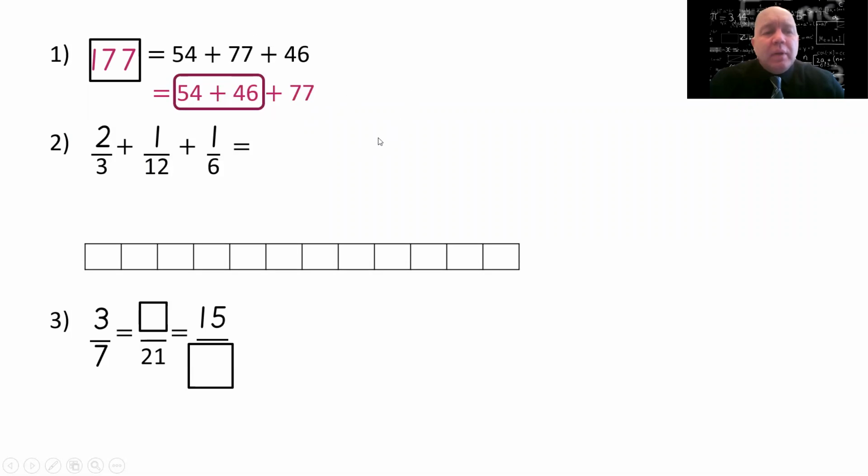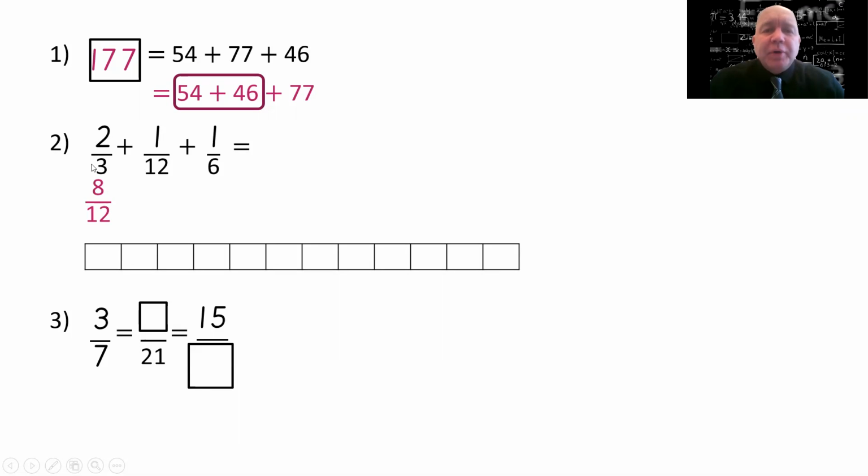Our next one, well, here we've got 3 fractions to add together. But as you know, we need to make sure all the denominators are the same. So we're going to create equivalent fractions whereby 2/3 is in twelfths. 1/12 is already in twelfths, and then we're going to turn the 6th into twelfths. There we go. So we multiply the 3 by 4 to get 12, and the 2 by 4 to get 8.